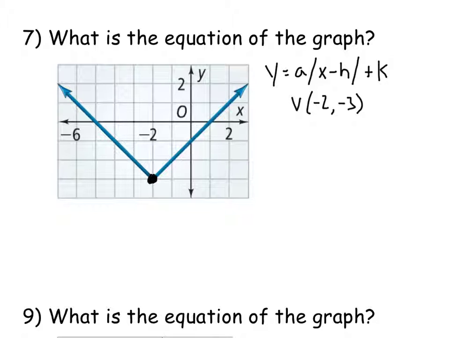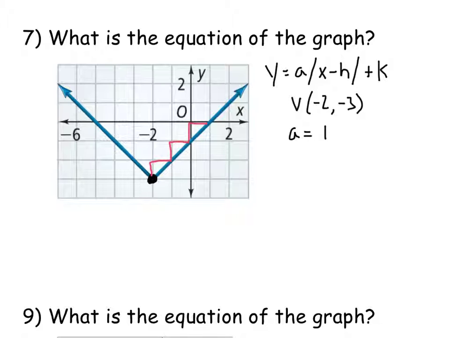So that gives us h and k already. Next we've got to find a. What does a give us in the graph? The slope of the right side of our graph only. So the slope of the right side of our graph is up 1, right 1, and so therefore a is just 1. That's all the information we need.